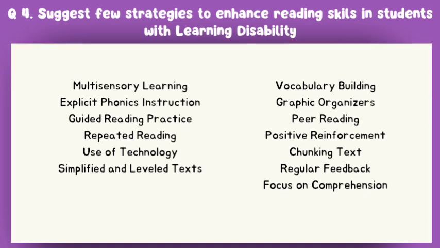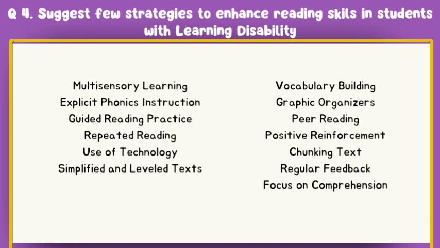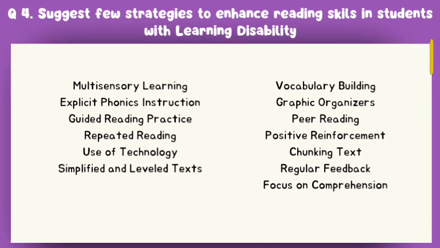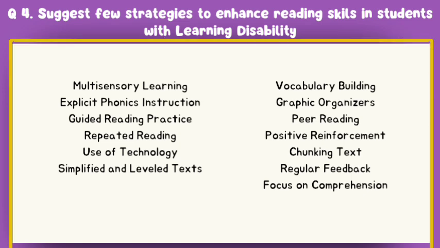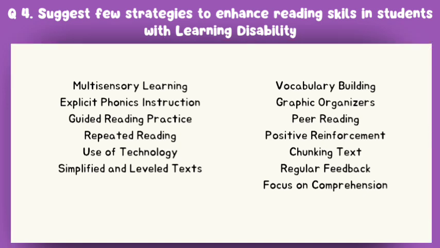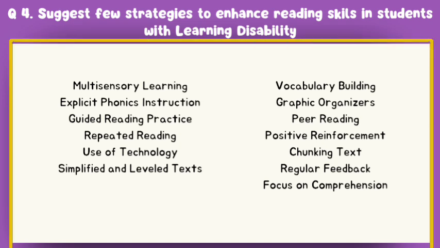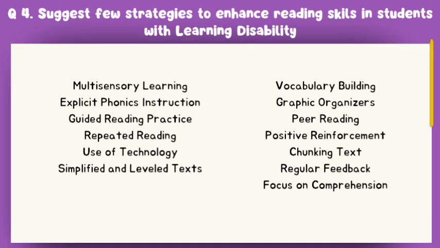The third one is guided reading practice. That means providing structured support during reading sessions, such as reading together or offering prompts for difficult words. The fourth technique is repeated reading. Encouraging rereading familiar texts to improve fluency and confidence. So it's repeated reading.